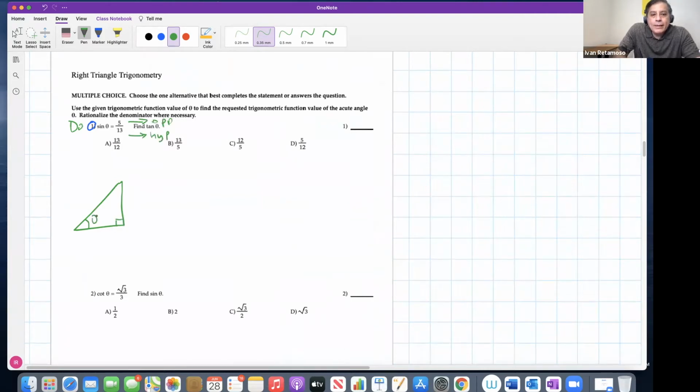So make up a triangle where the opposite is 5 and your hypotenuse is 13, and follow what I did in the example, right? Try to complete the triangle first, and then you have to use the definitions, right? So complete the triangle first. We don't have this base, call it B. And using the theorem of Pythagoras, find B, and then you write out all the definitions following SOHCAHTOA, right?